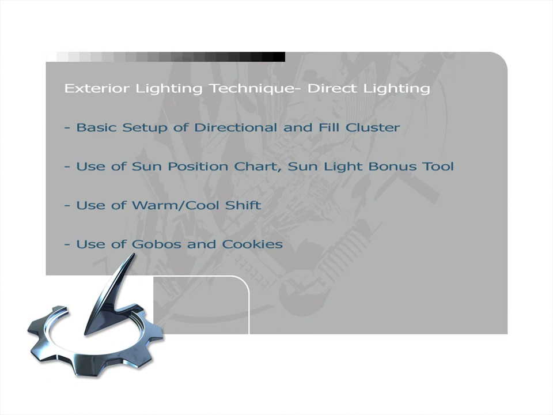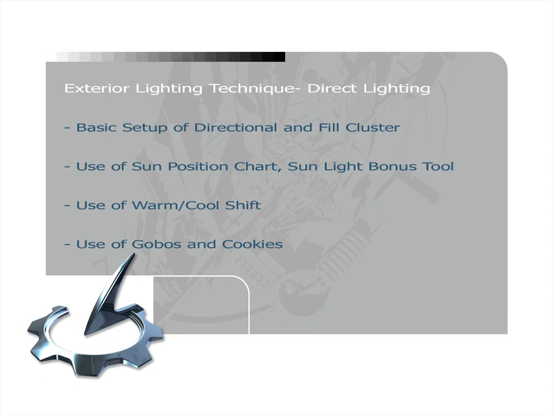So this really becomes an exercise in fill lighting and how to do that properly, and fill shadowing. And we'll look at a few techniques for that. We'll look at how to position the sun properly and how to match to live action plates, and this can be done with sun position charts or, these days, with a bonus tool called Sunlight.